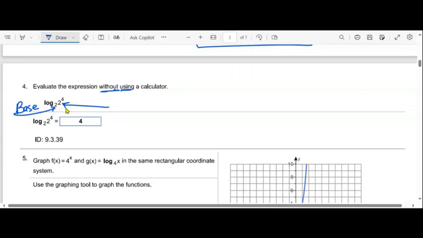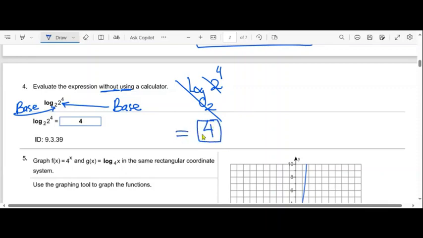And what's the base for the power here? 2. So they cancel each other. If you have log and you have the power, they cancel, and what's the answer? 4. Easy.